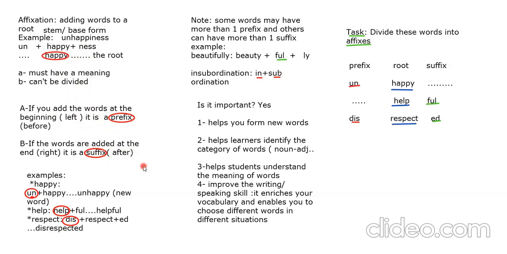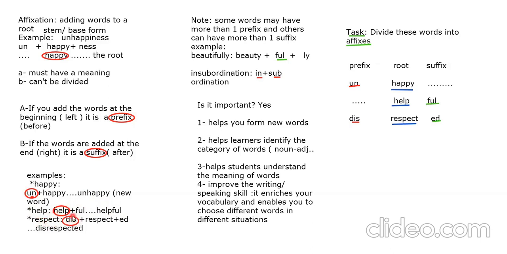Let's take some examples here. The word happy. Here I added the prefix un to the word happy, and then I obtained unhappy, which is a new word. Two, I took as an example health, and I added the suffix ful, then I obtained a new word which is helpful. Example number three, respect.